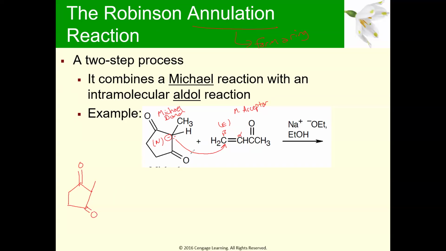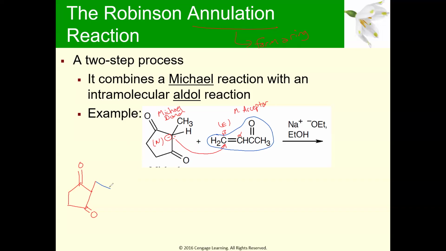Now let me highlight this with a different color. Since it forms a bond with that carbon, I'll draw the rest of this in blue, so we can keep track of things. So it's going to form a bond with that carbon, which is attached to this other carbon right here.